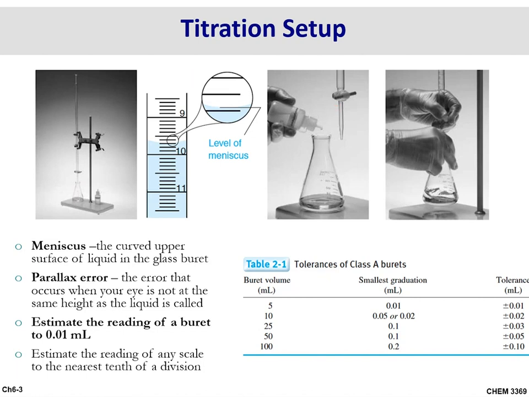On the top of the burette there will be 0, that's 0 milliliters, and then going down these numbers increase. So a volume measurement is made by reading the level before and after draining liquid from the burette and subtracting the first reading from the second reading.